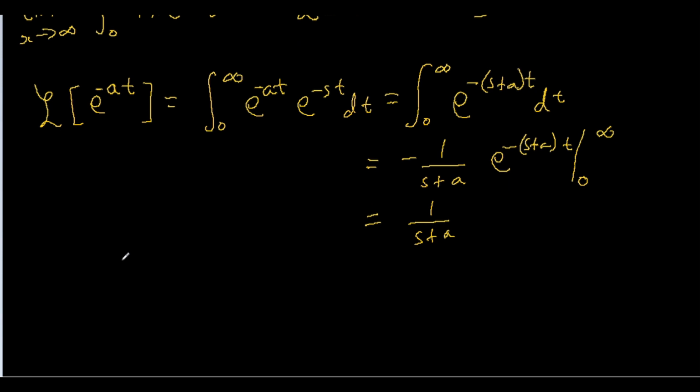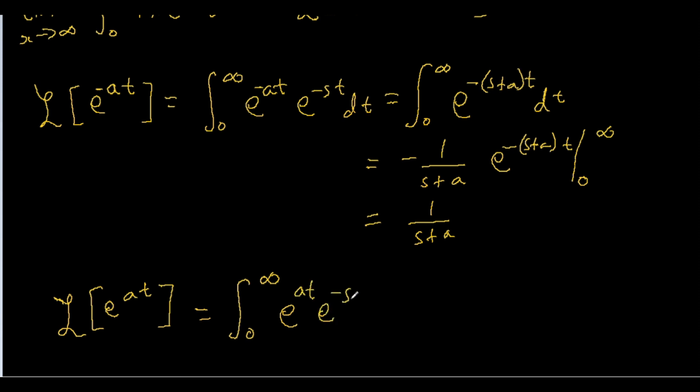Let's assume the exponent had been positive. So let's say we're to find the Laplace transform of e to the power of at, positive in this case. I won't run through the entire computation; the answer will be rather obvious in a moment. So e to the power of minus st dt.